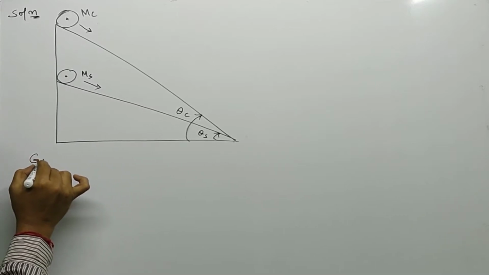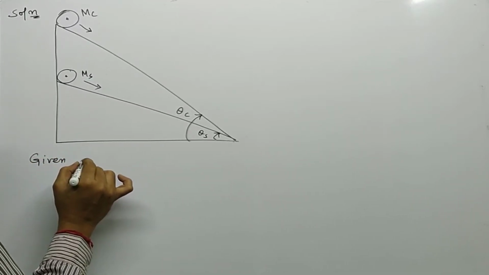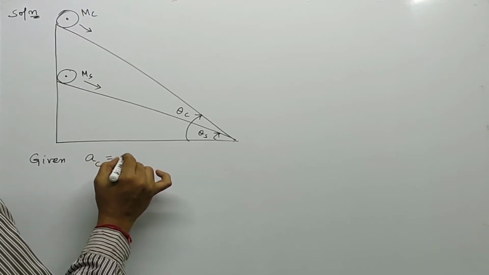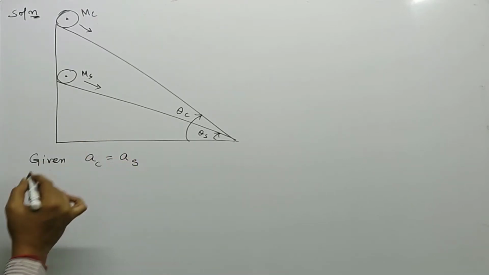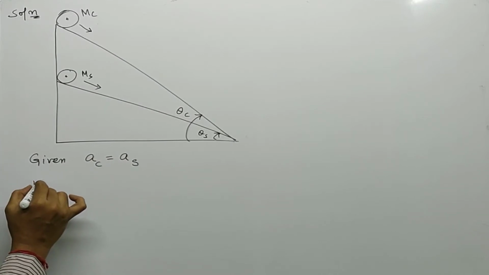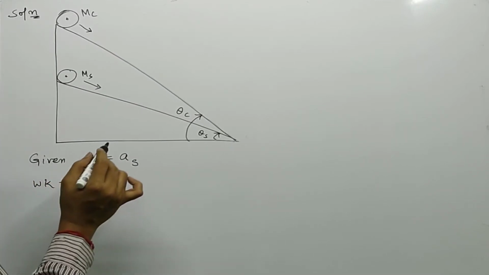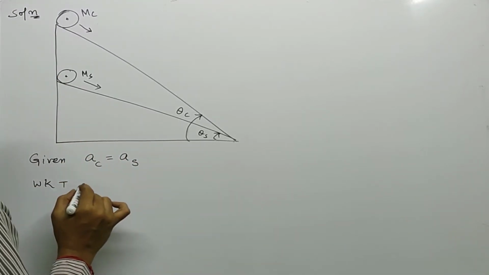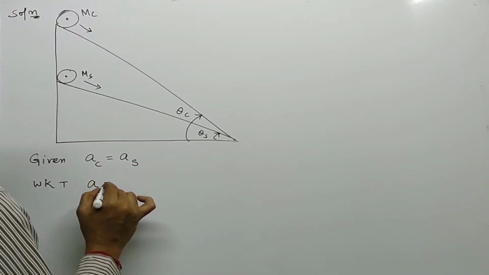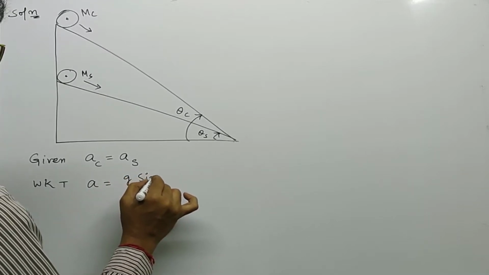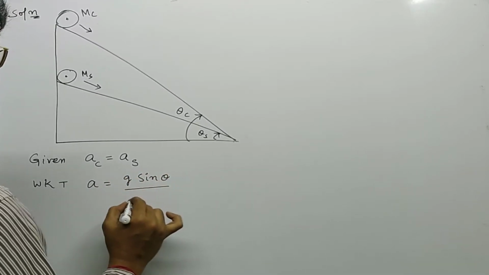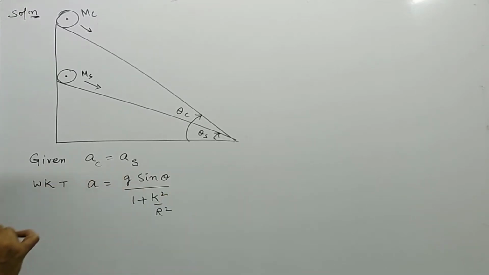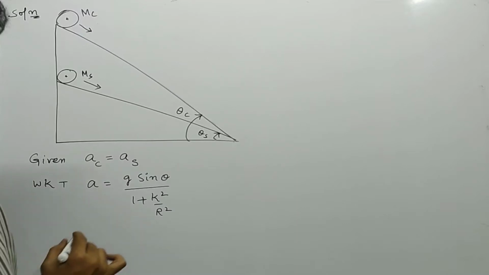In the question, it is mentioned that the acceleration of the cylinder is equal to the acceleration of the sphere. We know that for rolling motion of a body on an inclined surface, we have a formula for acceleration, A is equal to g sin theta divided by 1 plus k square by r square, where k is the radius of gyration.